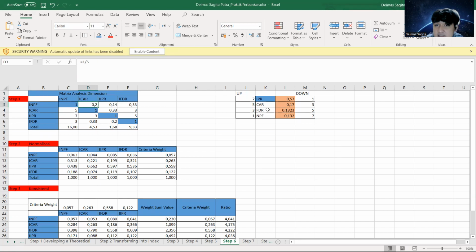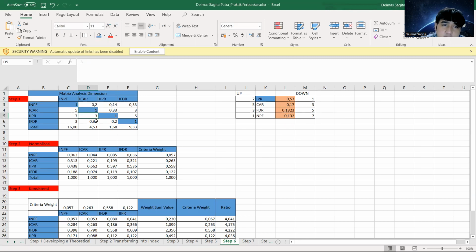So it means ICAR is 2 times above INPF. So we use once, divided with the 5, the value of ICAR, just enter.